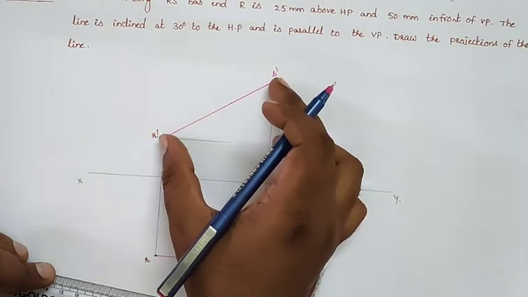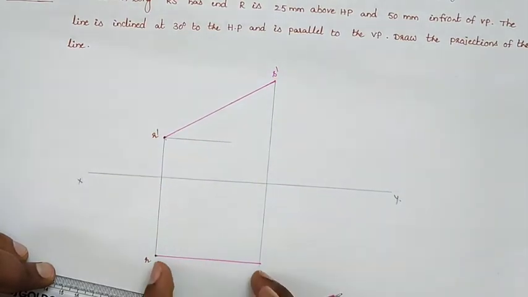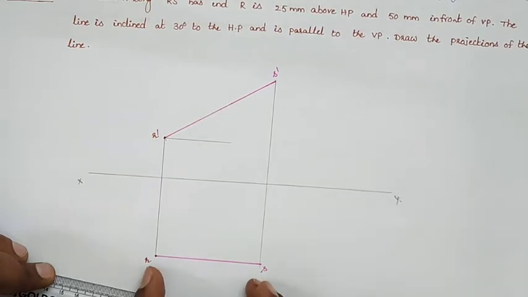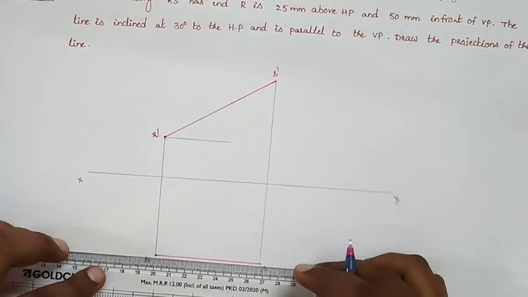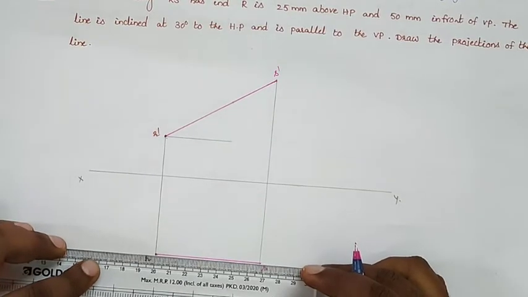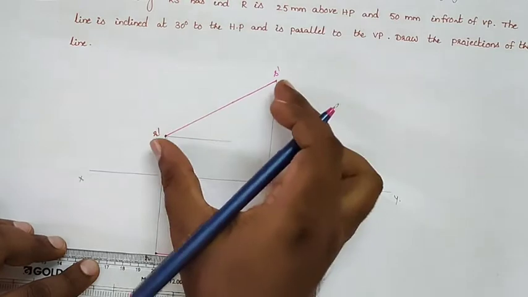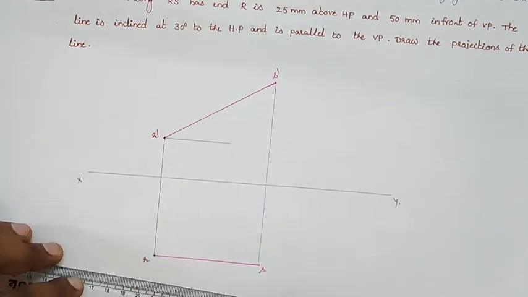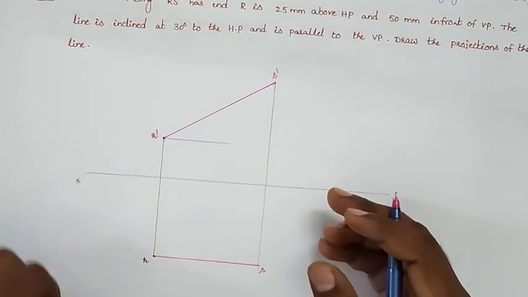This line R dash S dash is the true length, that means 80, but if you measure this line RS, we will get less than 80 mm. So observe this by measuring the length. We will obtain 68 mm, but the length of R dash S dash is 80, and the RS, that means the top view length, is less than 80 mm.